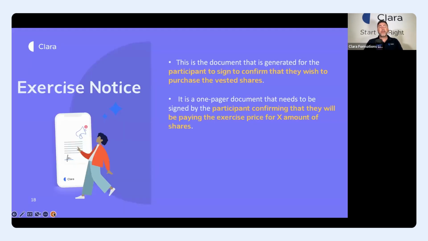So the next document. You've got the plan, you've got the grant agreement. The plan saying, hey, you've got 10,000 shares. The grant agreement saying, okay, Bob, you're going to get 1,000 of those 10,000 shares. Now Bob is starting to vest these shares.